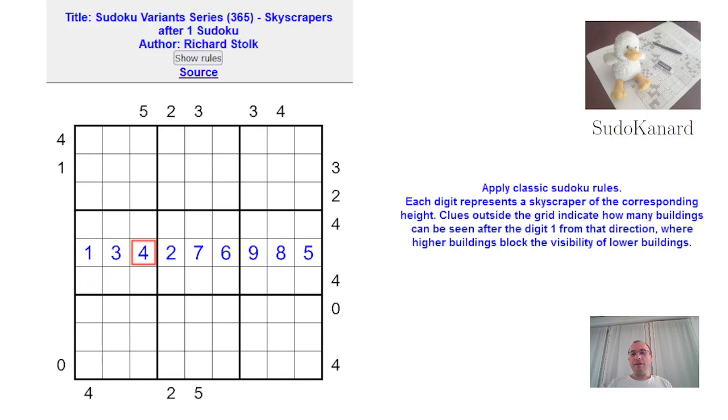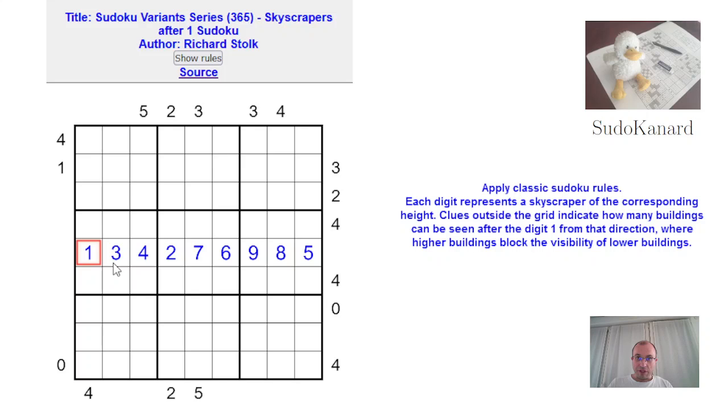And big digits block smaller digits from view. If you are viewing from 1, then 4 is hiding the 2, 7 is hiding the 6, and 9 is hiding 8 and 5. So starting from the 1, how many buildings do you see?